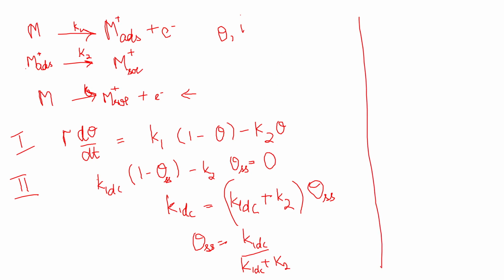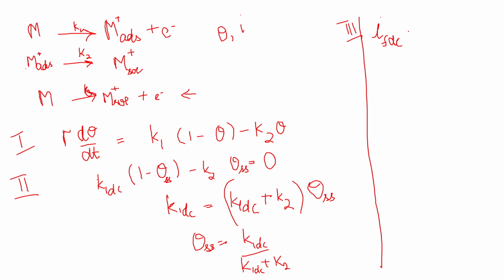Now the next step is to find out the current. So first we will find out what is the current in steady state. Who can tell the formula? Anyone can tell what is the Faraday current, the DC Faraday current?